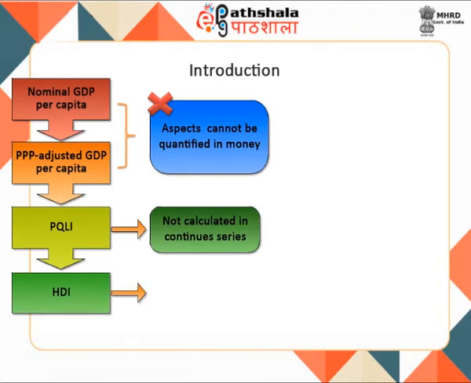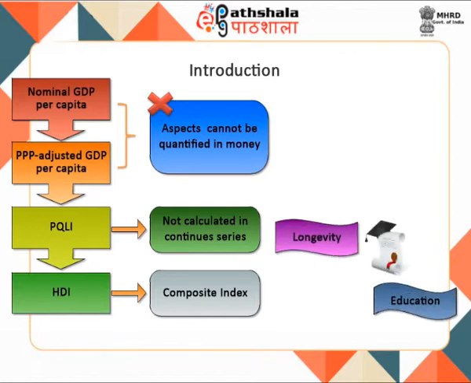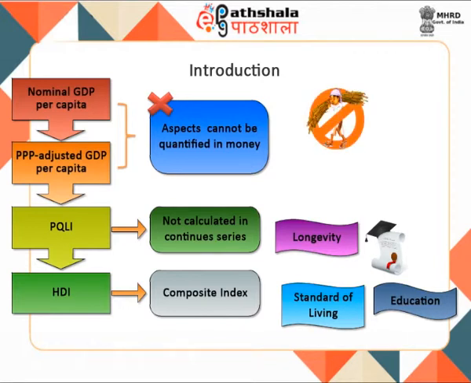The HDI is a summary composite index that measures a country's average achievements in three basic aspects of human development: longevity, knowledge, and a decent standard of living. But there are aspects which even the HDI does not cover, such as poverty, gender, inequalities, and diversities among different countries. Because of this, supplementary and alternate measures of economic development have been evolving.